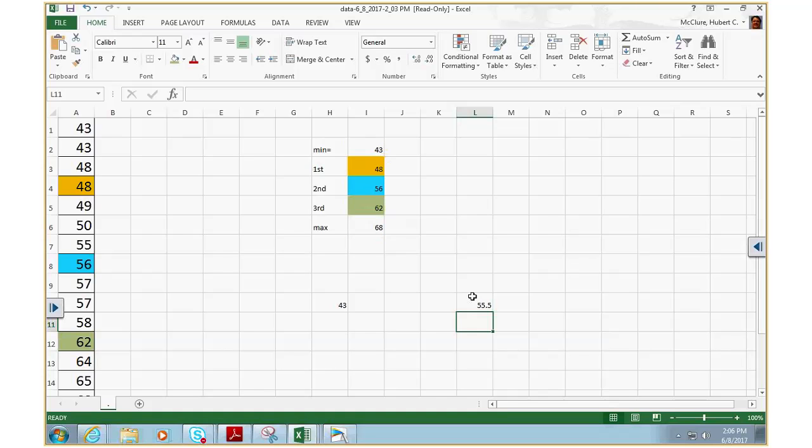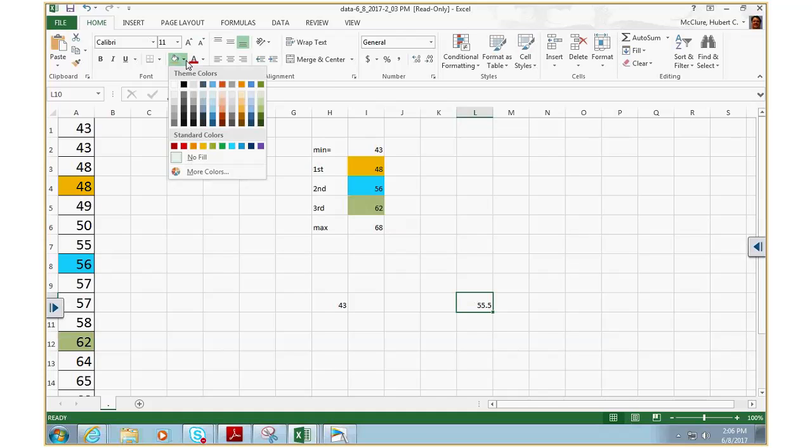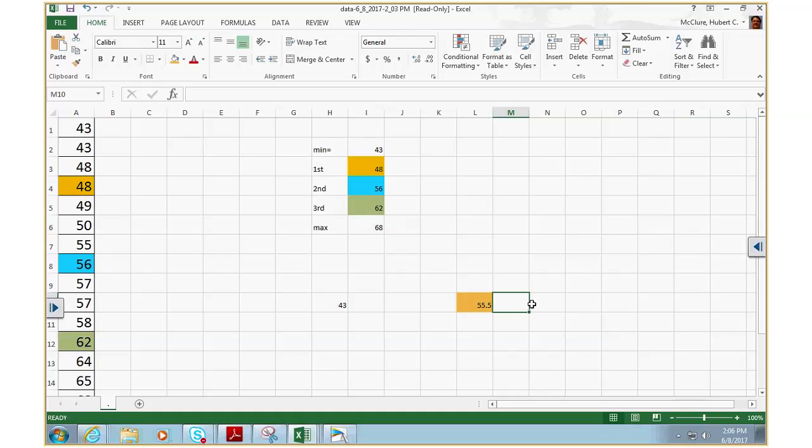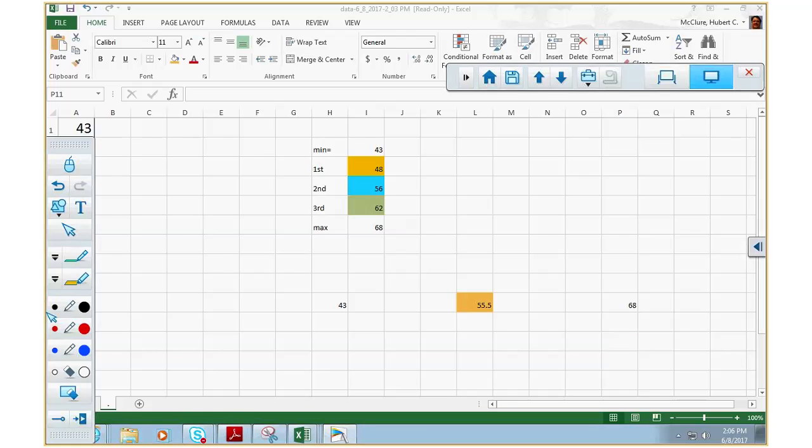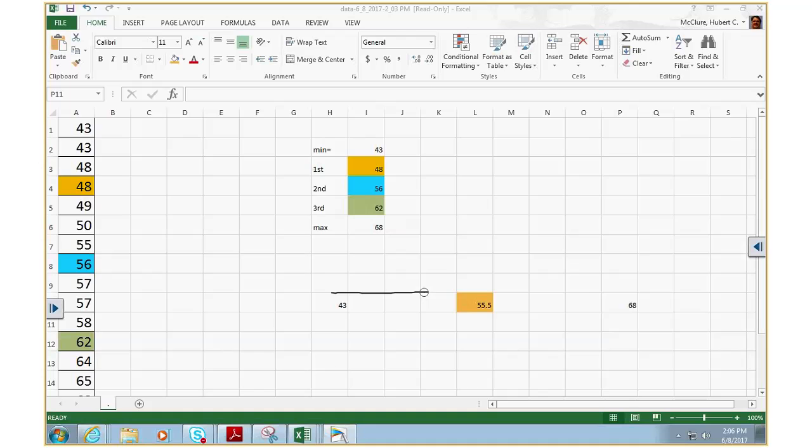And I'm going to highlight that a different color so you'll know what that is for your notes. That's the mid-range. 1, 2, 3, and then equals the max. So I'm going to take my handy-dandy virtual marker, and I'm going to draw my number line because I need my number line to draw the graph.